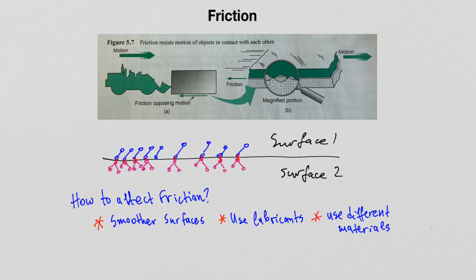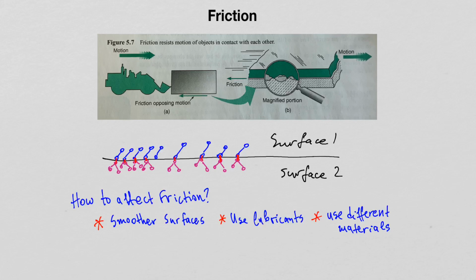Now, what happens if the two surfaces are made really smooth? Well, there is a diminishing returns point past which the surfaces get so smooth that you will get a predominant adhesion effect between the molecules of the two surfaces, which will then increase the friction between the two surfaces.